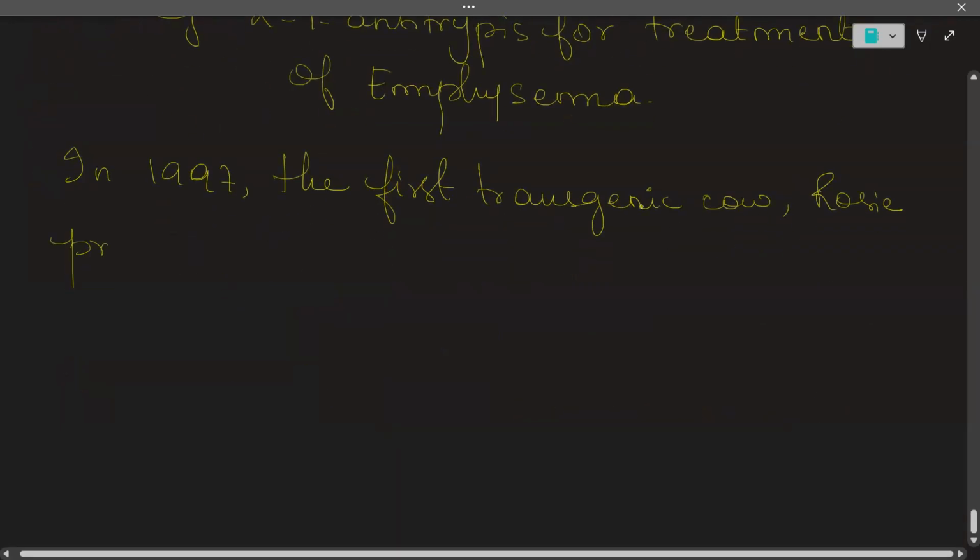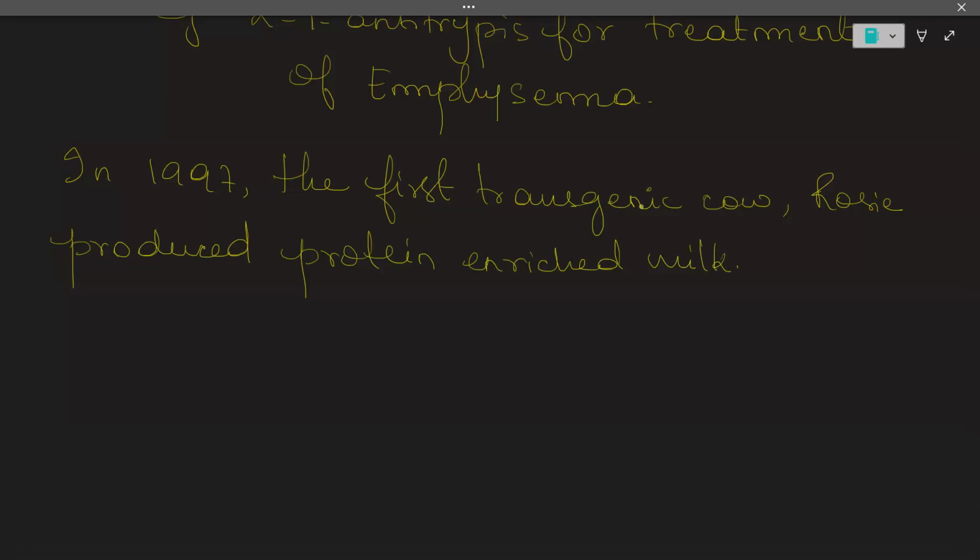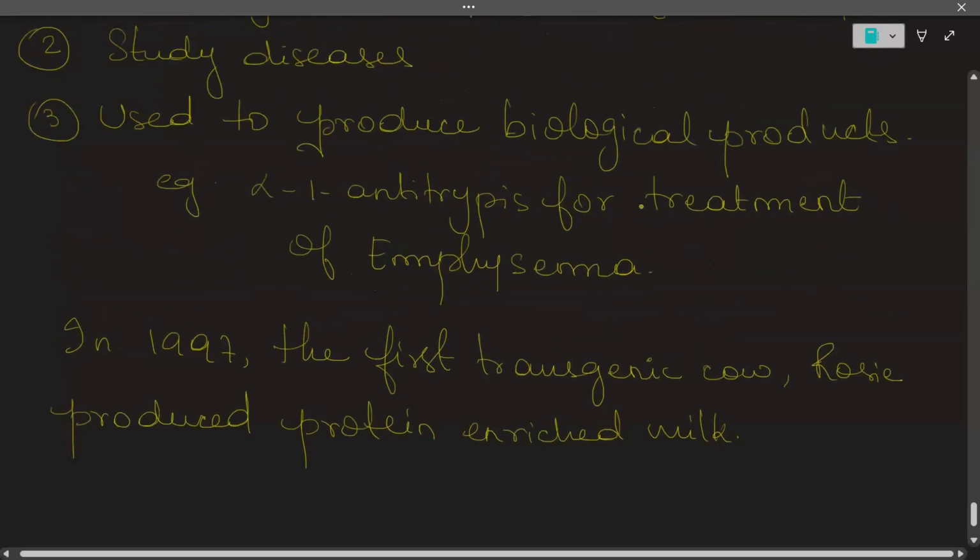It produced protein enriched milk. Normally, the cow milk that we drink has more fat and less protein. But the milk produced by Rosie had more protein and less fat.